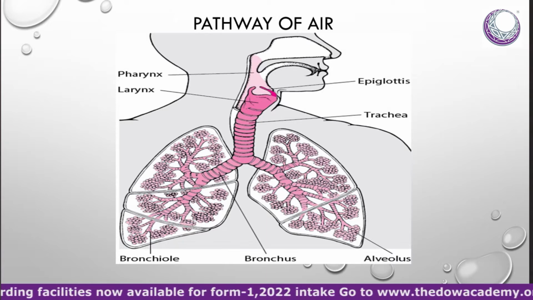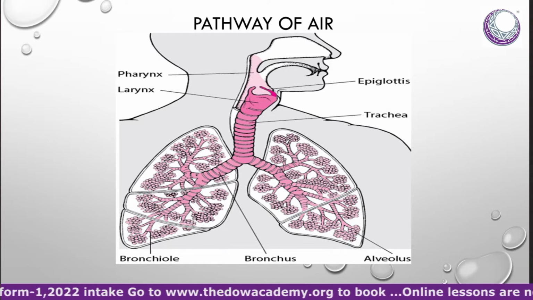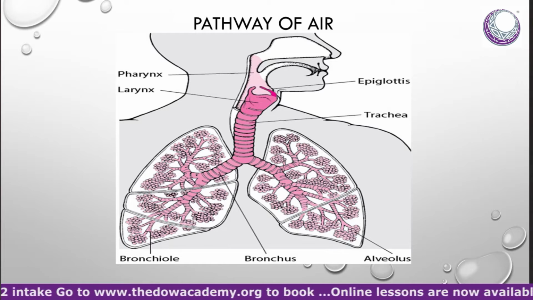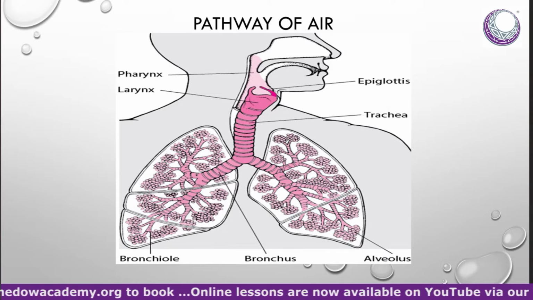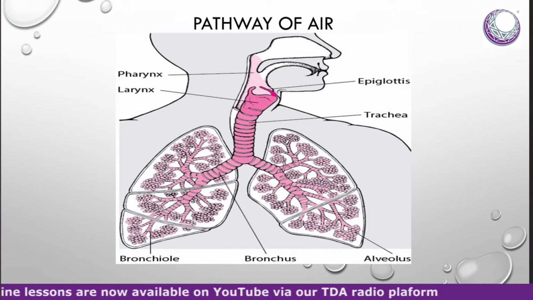In humans or in any other organisms, we breathe in through our nose or our mouth in other circumstances. When we breathe in, air goes in through the nose, it passes through the larynx and the pharynx.